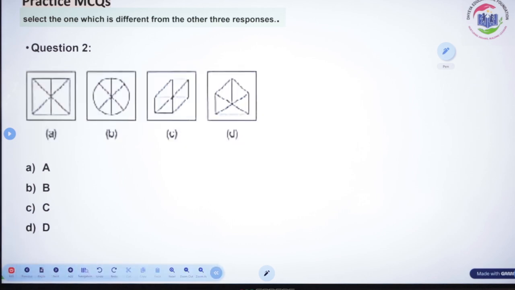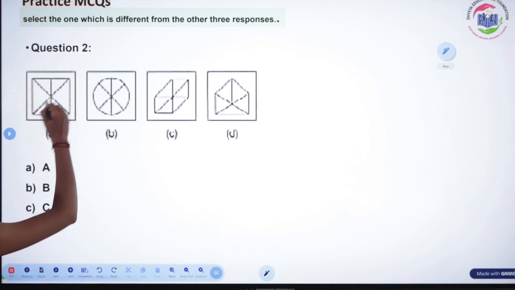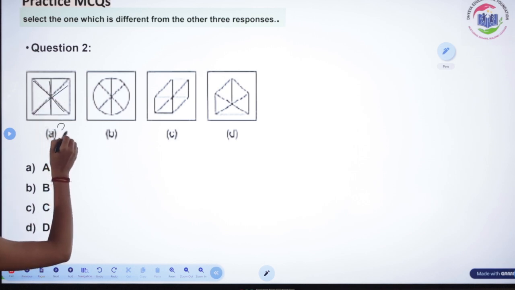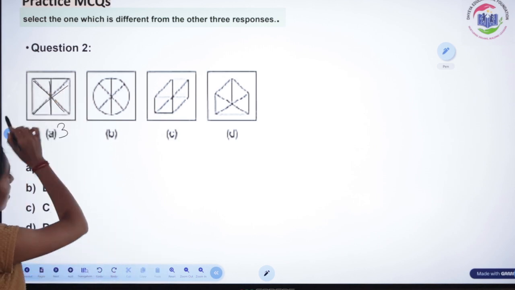Next question. This is an image. Which do you think is the odd one out? Option A, B, C, or D? As you can see in this image, there are 3 lines, and they touch the edge of the shape.